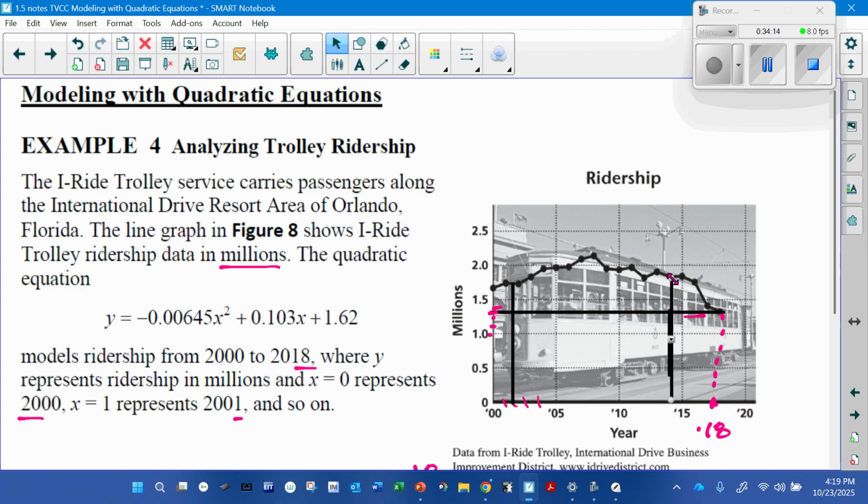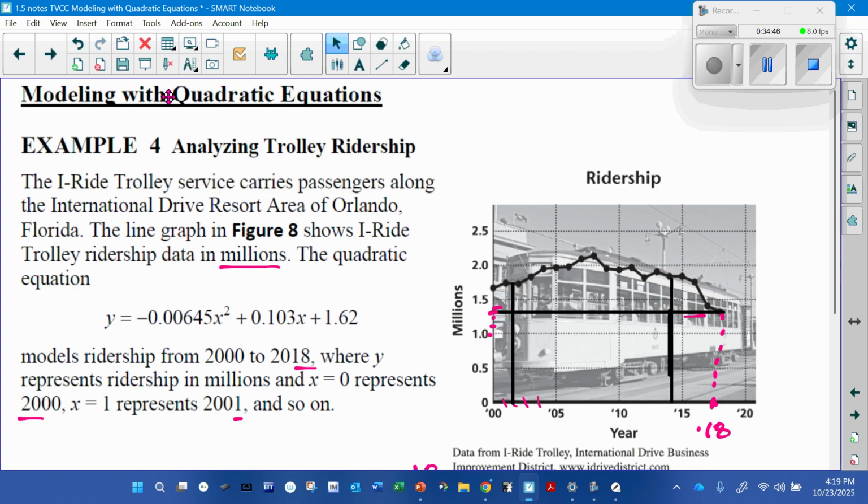It seems reasonable compared to the line graph because the number of riders on the trolley increases until about 2008, then starts going back down, and then after that starts to come back up. So both of these answers are reasonable.